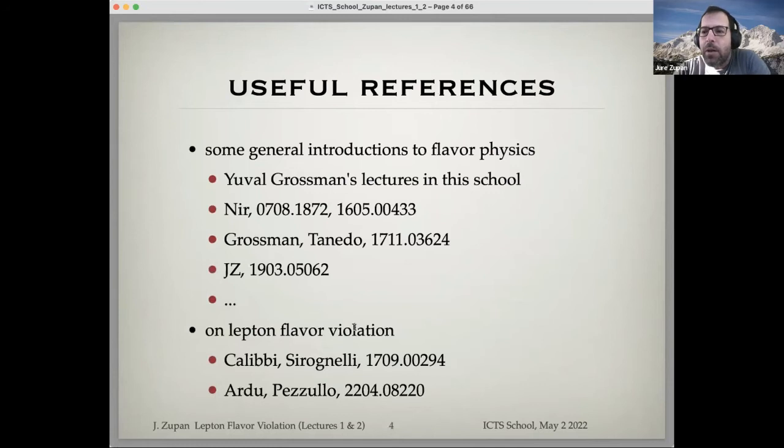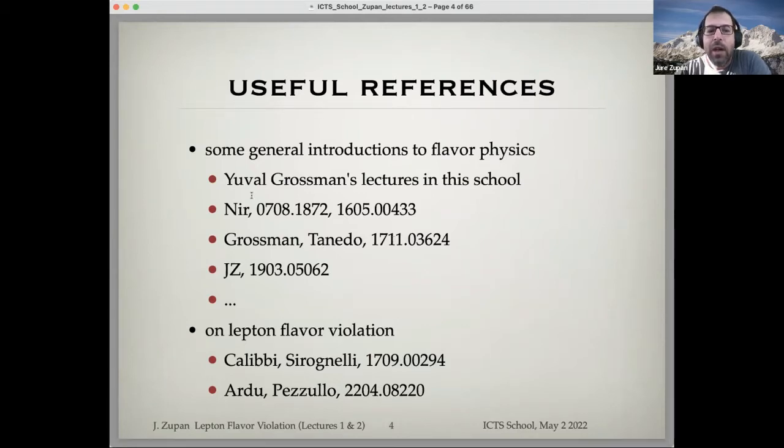So I want to point out that there are some excellent introductions to flavor physics. These general ones, there are quite a few. First of all, I went over the UAS lectures, which look pretty good. A lot of that material is in this Grossman-Tanedo review, which I highly recommend.